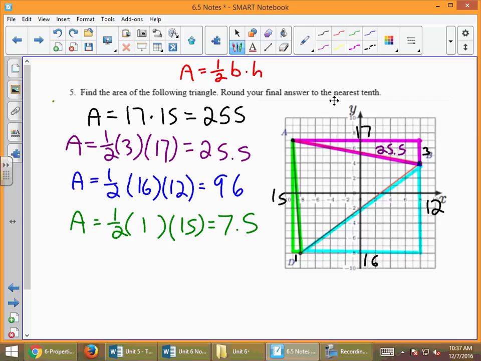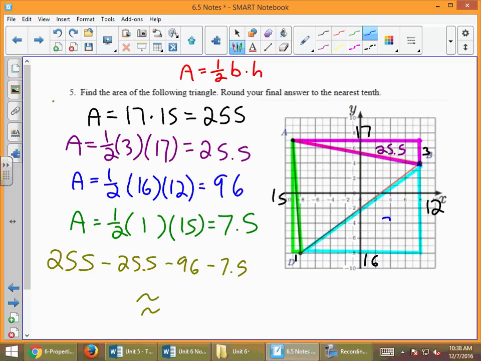I'm going to take the whole thing, which is 255. That's the whole rectangle. I'm going to subtract 25.5. I'm going to subtract 96. I'm going to subtract 7.5, and that will give me my answer once I round it. So when I subtract all those things, what will be the area of that triangle inside?